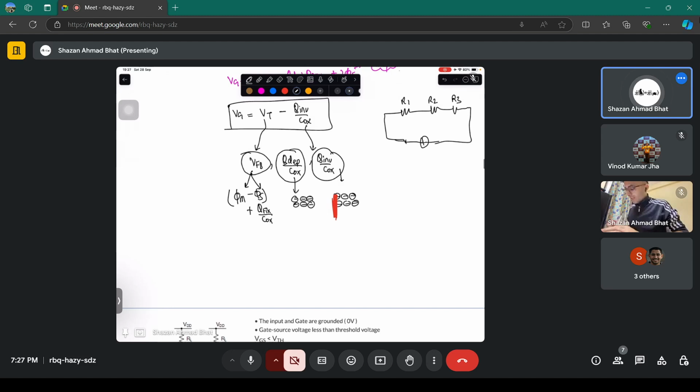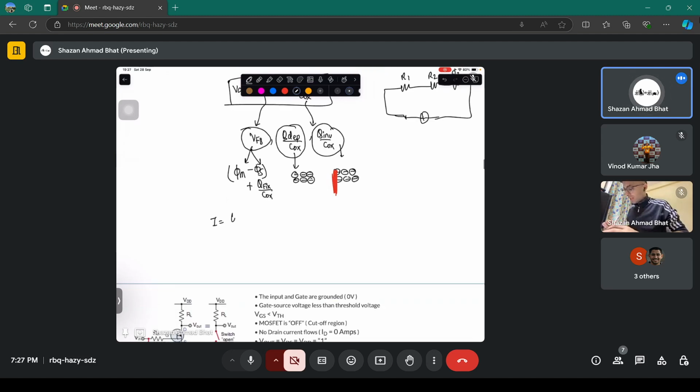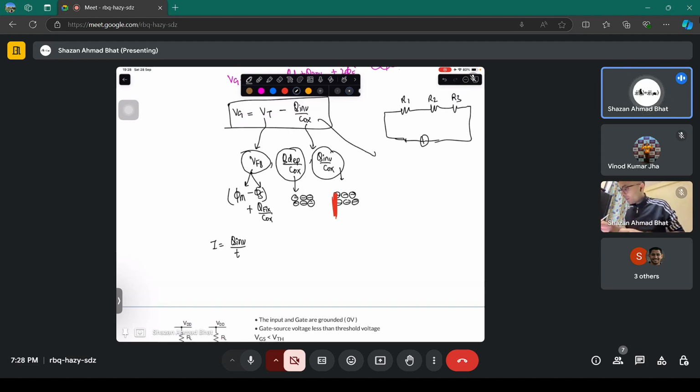Now you know that the overall current can be written as, because the current flows because of inversion charge, current is charge per unit time. Let's call it T. And from this equation, you get Q inversion to be equivalent to minus Cox times Vg minus V threshold. You can use this Q inversion here.